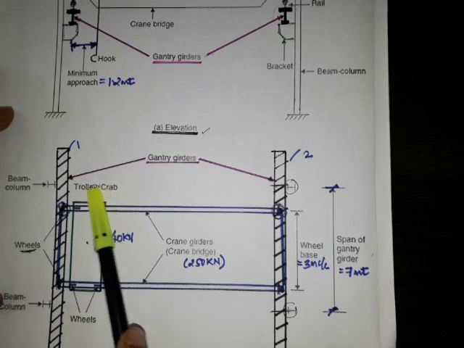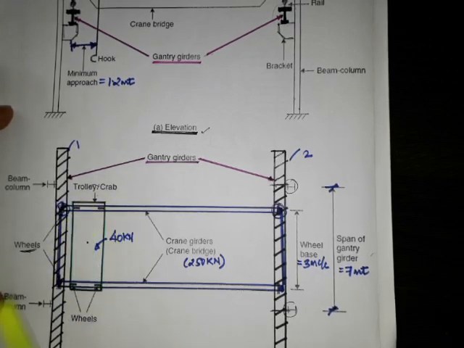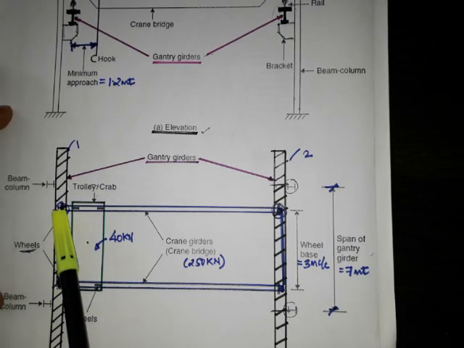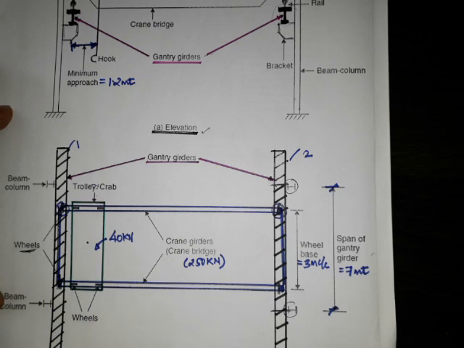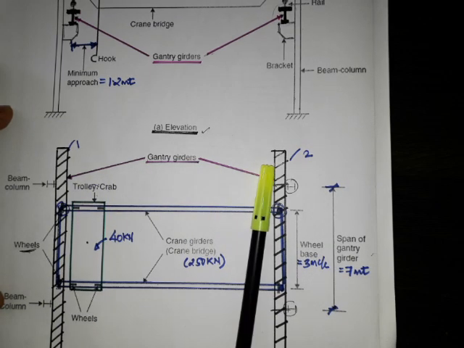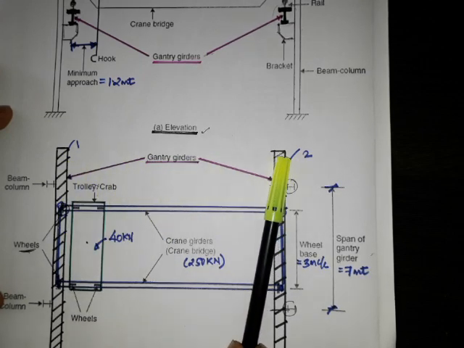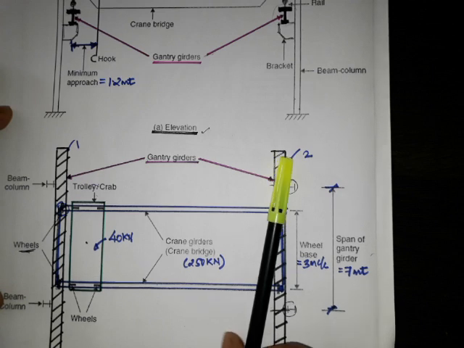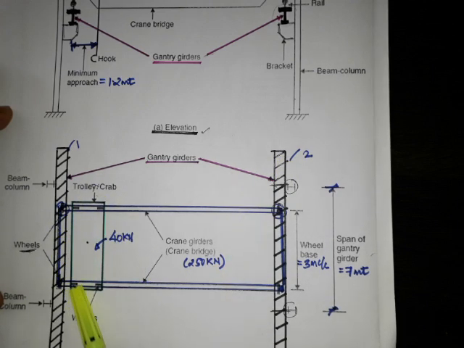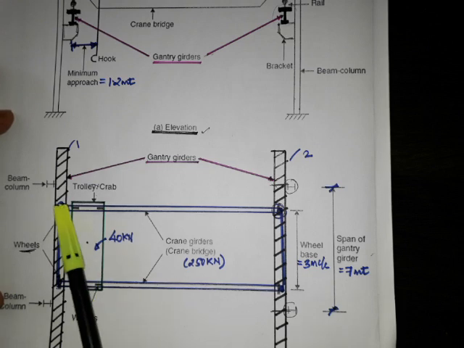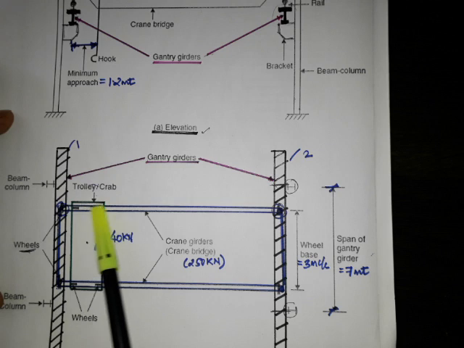So what you can see here, this is a trolley. This is a trolley supported over the crane girder, and this trolley will be movable like this. So whatever load is carried by the trolley with respect to the capacity of the crane, it has to transfer through the wheels of the trolley.